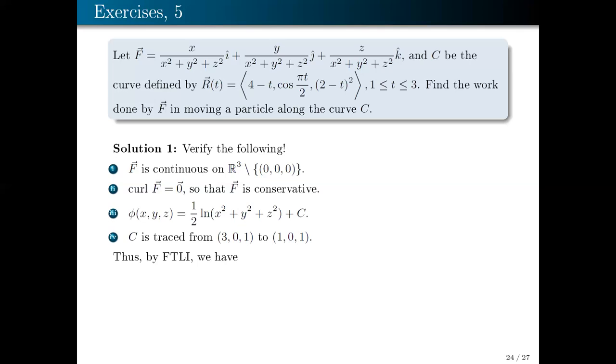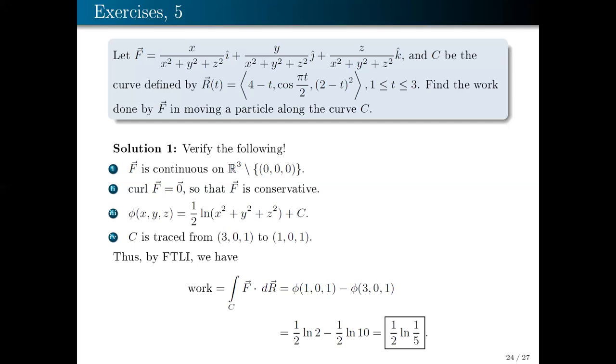We have the work done equal to this line integral, which by the fundamental theorem of line integrals is equal to phi of the terminal point (1,0,1) minus phi of the initial point (3,0,1). When we evaluate that, it will be equal to 1/2 ln 2 minus 1/2 ln 10, which we could simplify using properties of ln as follows.